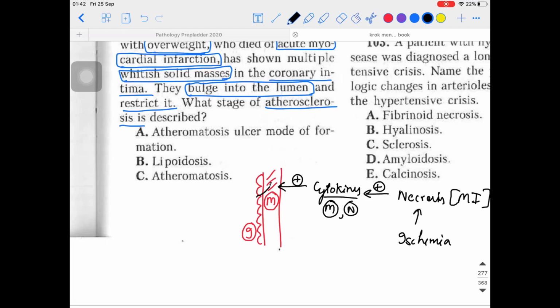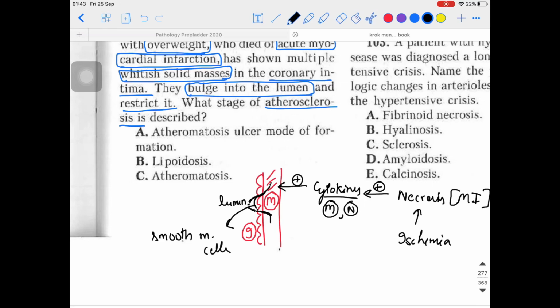These kinds of cytokines will be stimulating the proliferation of smooth muscle cells into the lumen. This is the lumen of the tunica intima, guys, isn't it? These are the smooth muscle cells.